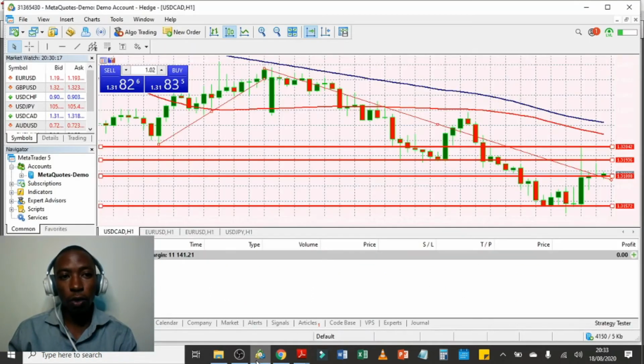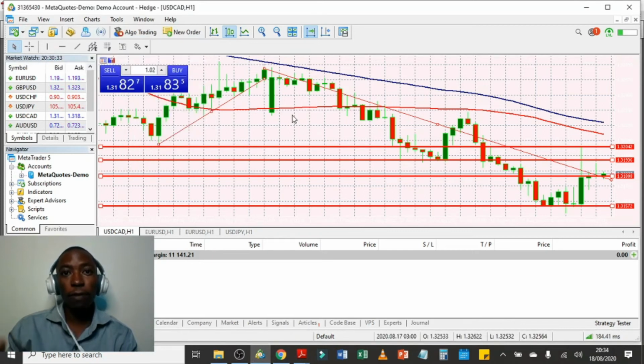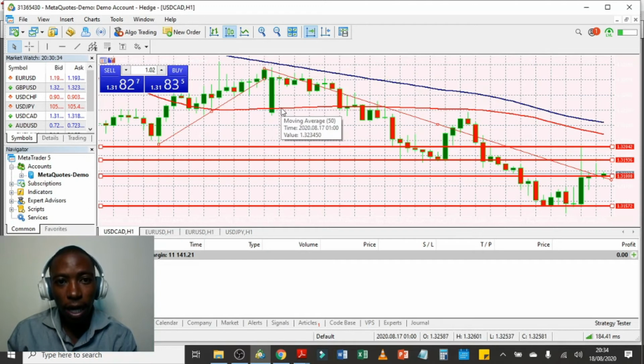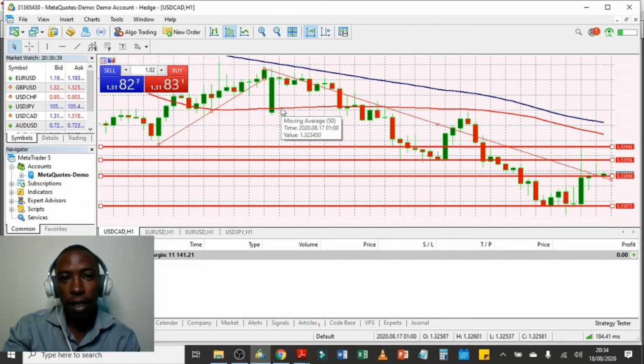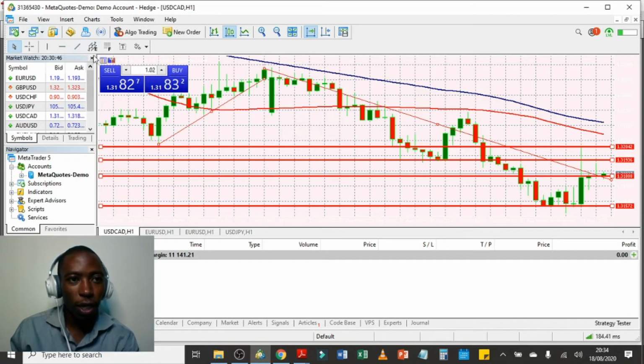Heading back to our chart, you can see under insert objects, we have horizontal line and vertical line. For instance, if I want to find out the price where this slanting red line, that is the 50-hour moving average, was crossed by this big green candle, I just come over here to the horizontal line on the menu bar.